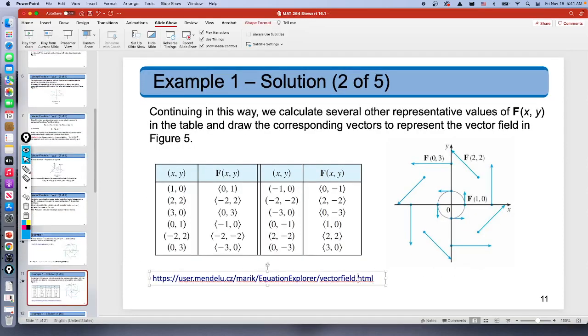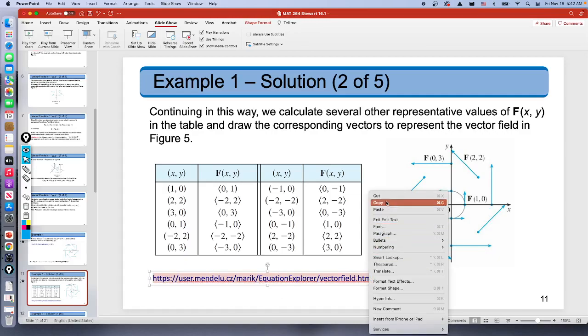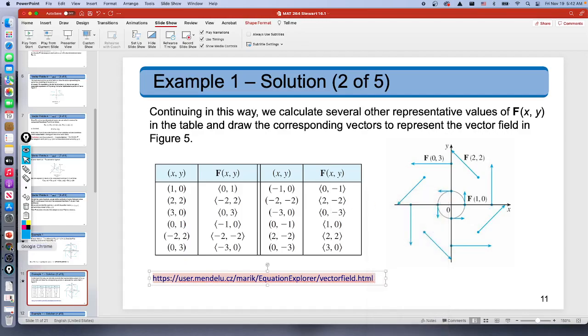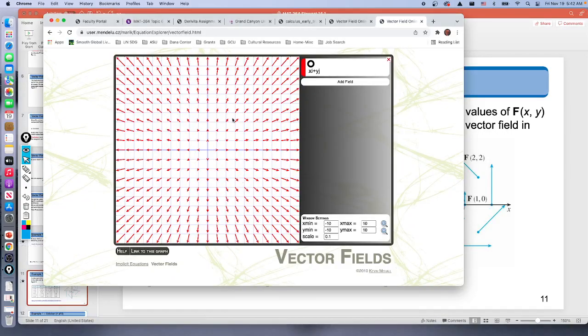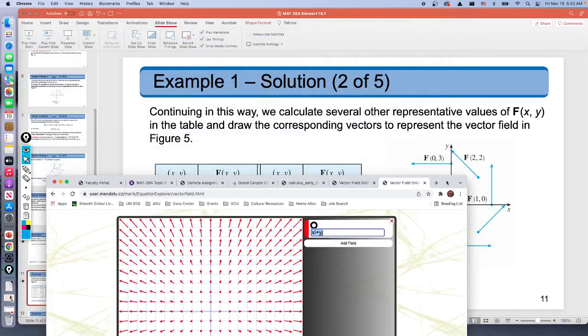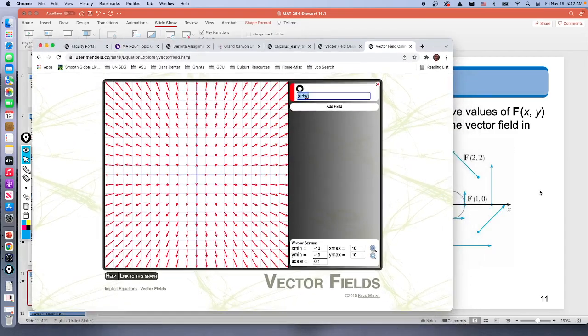This one is, I think. So I found this, and again, you might find another one, but this is a two-dimensional vector field plotter. Let's copy that. Oh, here it is. I already have it. And so what was our function? I guess we're going to have to go back.